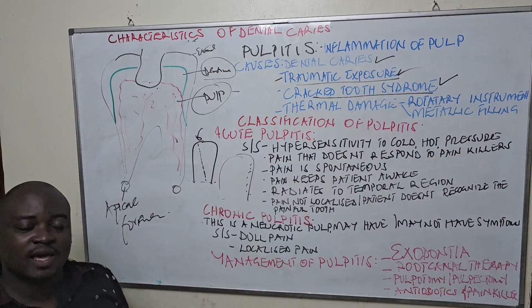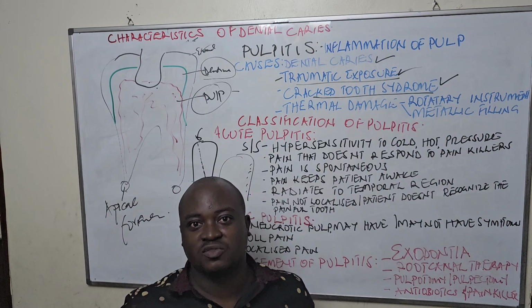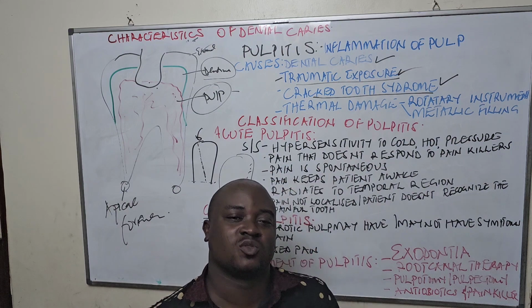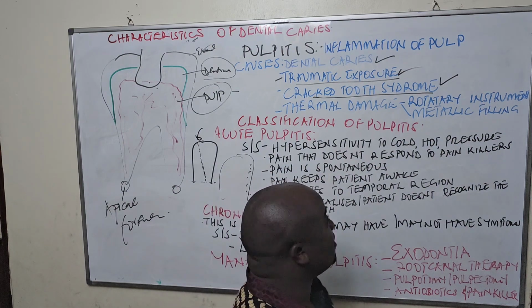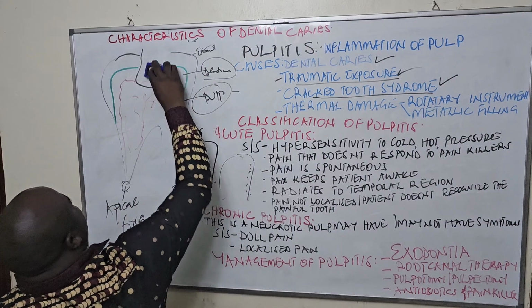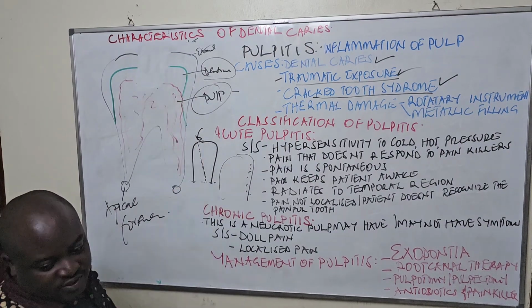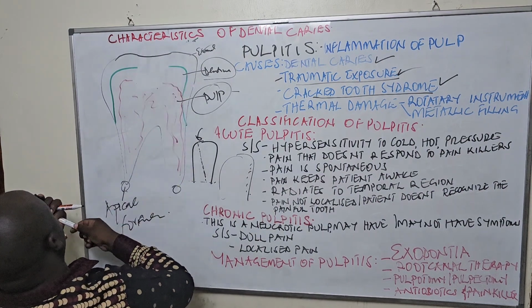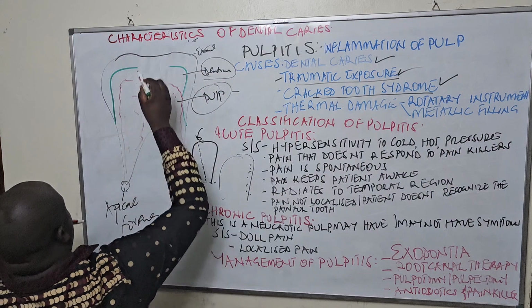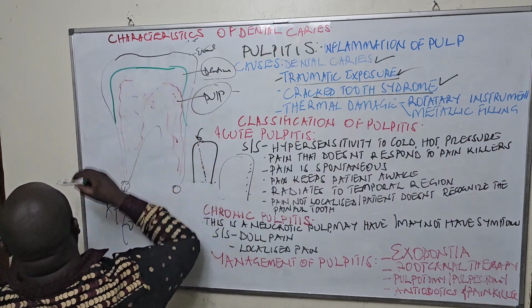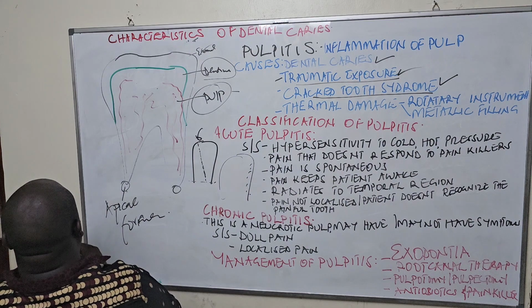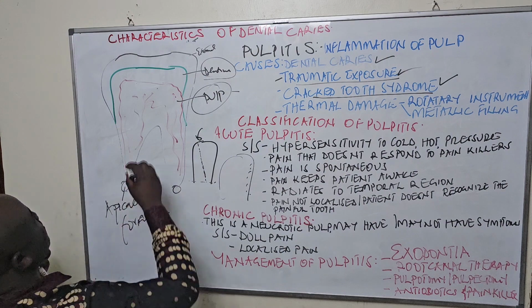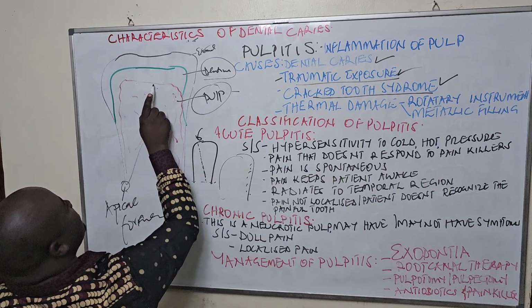Then lastly, we have rotary instrument. Once we are doing conservation of teeth, we dentists are supposed to be very careful not to injure the tooth, to conserve instead. If you are conserving such a tooth, we are supposed to not touch this part.